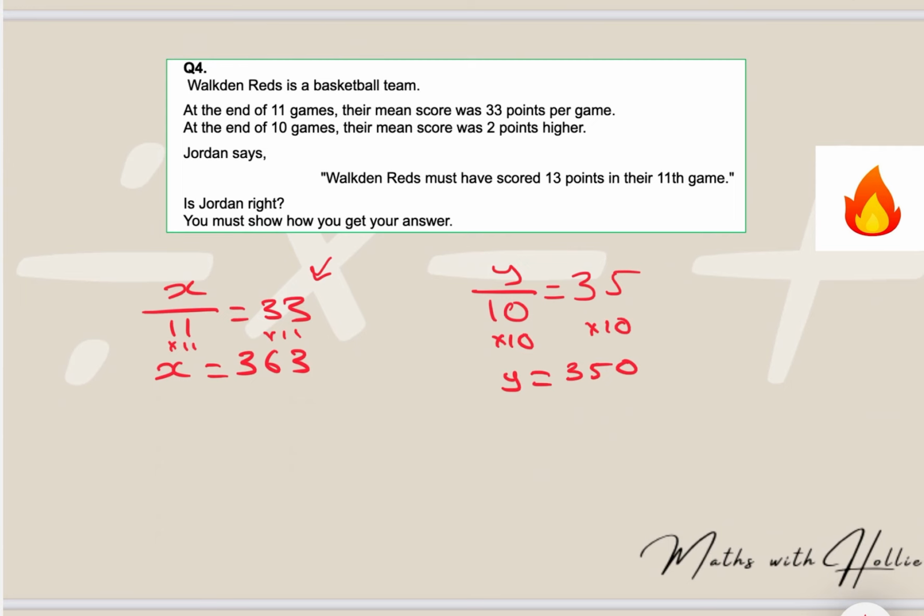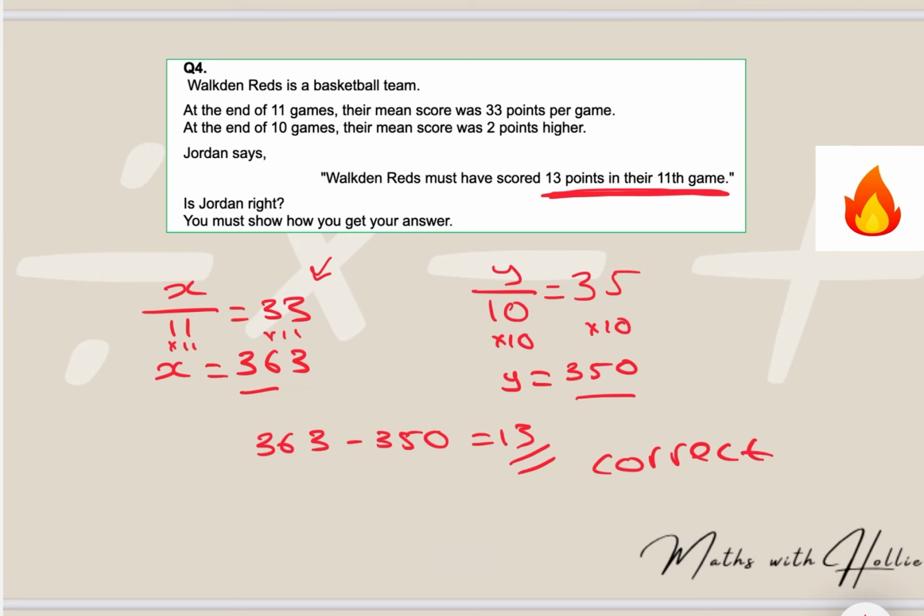The question has said that the 11th game, which brought the average down, they scored 13 points. Well, if you look, the 11th game's total minus the 10 gives you 13. So that is correct. That 11th game was 13 points. That is the difference between them.